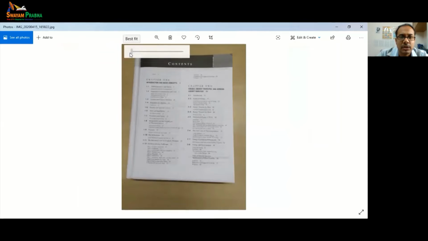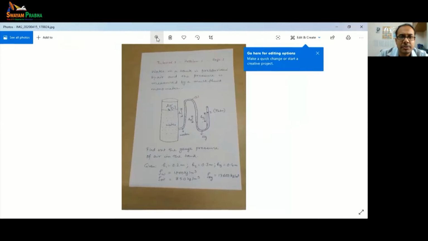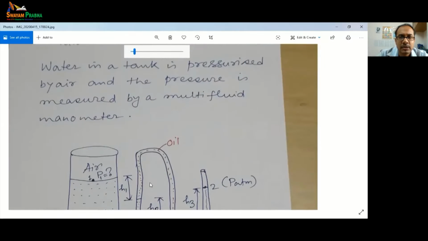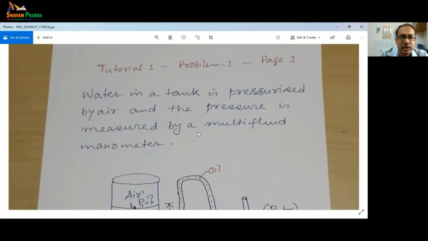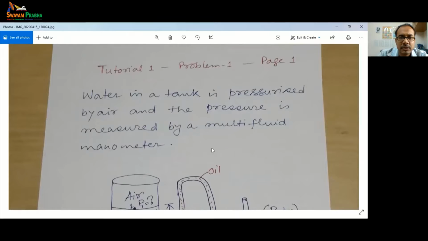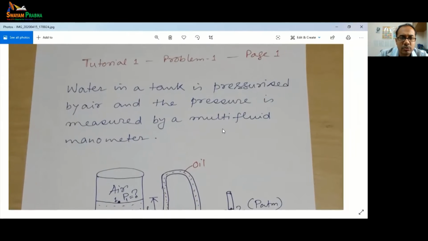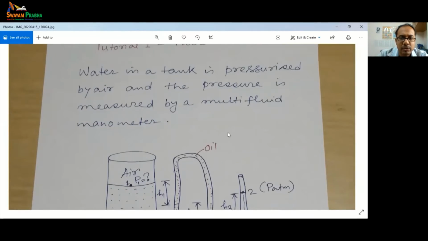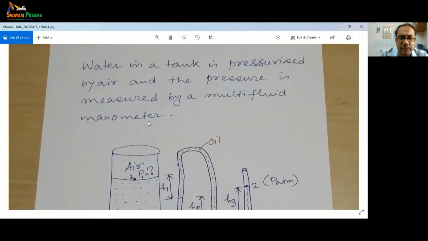Okay, so let us take the first problem, which will be on a multi-fluid manometer. What we are doing here is trying to find out the pressure of air which is pressurized by water in a tank, and the pressure we are going to measure through this multi-fluid manometer.